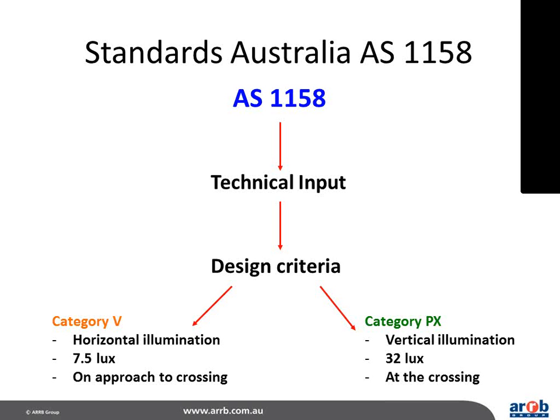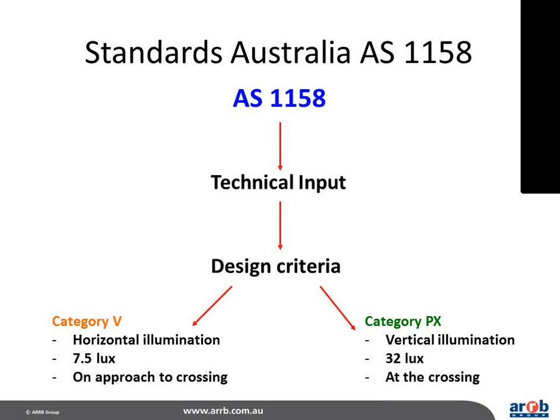We're looking at 7.5 lux, the unit used to describe the brightness level of the light at the road on the approach to the crossing. You will use horizontal illumination only on the approach, because you're treating the approach just like a normal road layout. You're going to light it like a normal road, so we use category V lighting up to 7.5 lux.